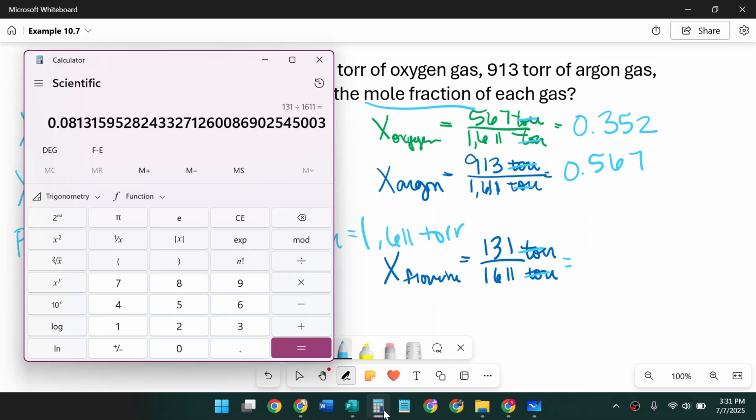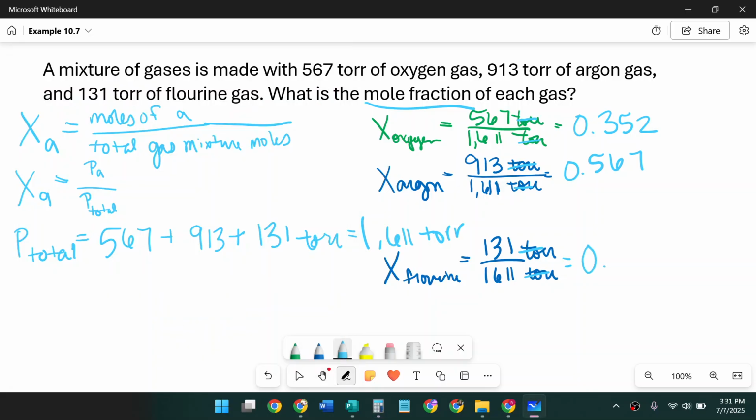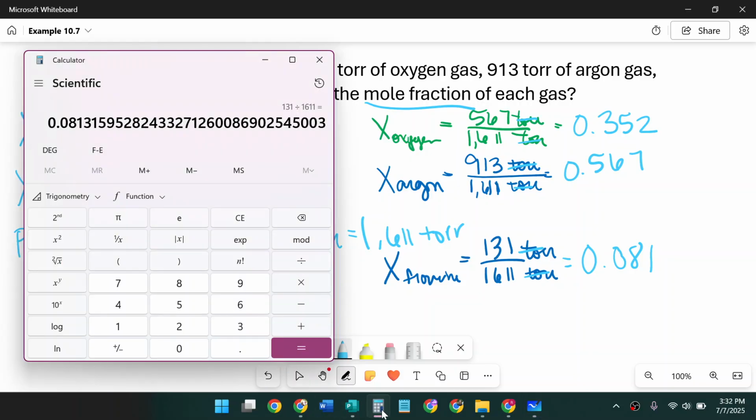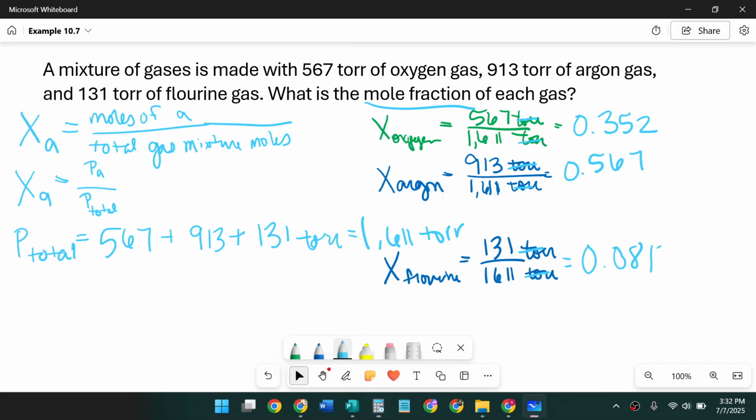So that'll be 0.081. Actually, just kidding, I need one more figure because that first 0 doesn't count. So 0.0813. If you added those 3 up, they should add up to 1, so you can check that. I'm not going to check it so that we can move on to the next problem.